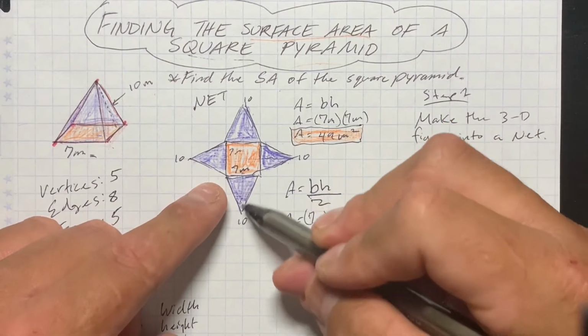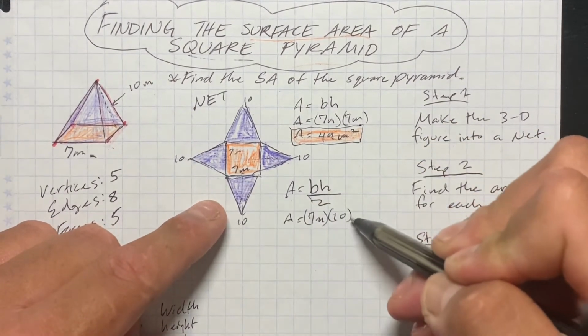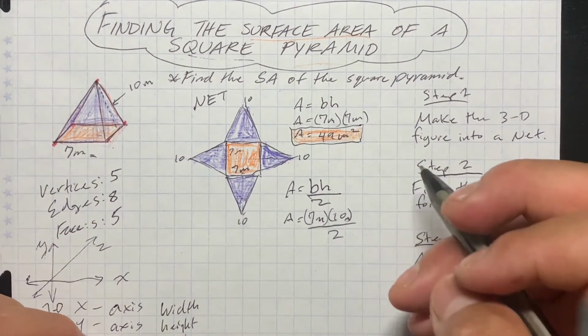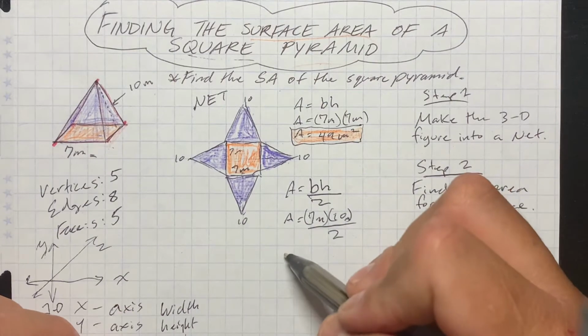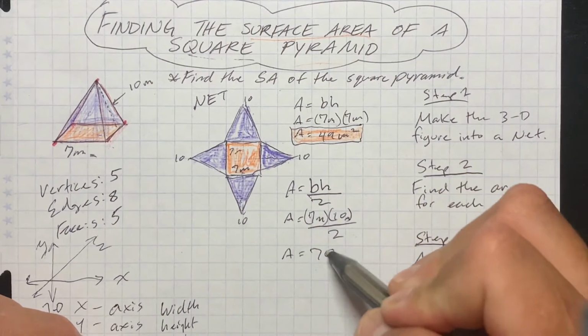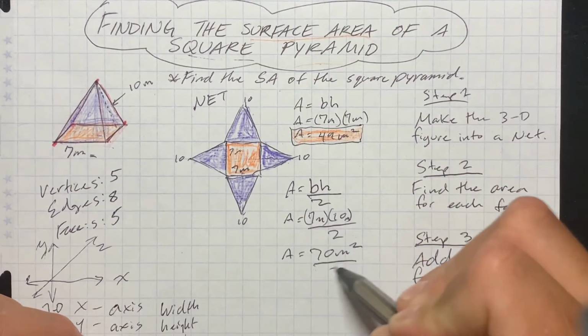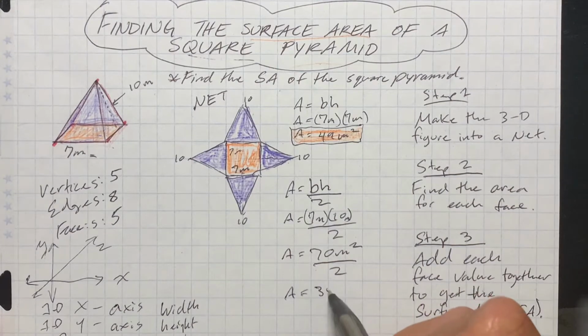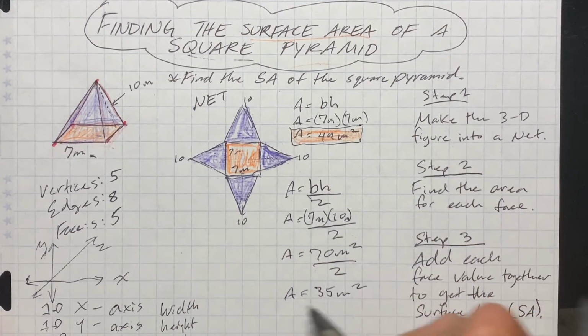The height, again, is 10 meters. So 7 times 10 is going to be 70 meters squared. And then we just divide that in half. So half of 70 is going to be 35 meters squared.